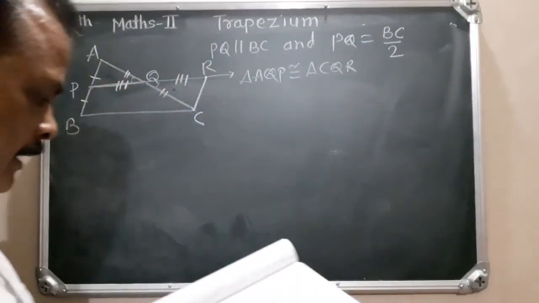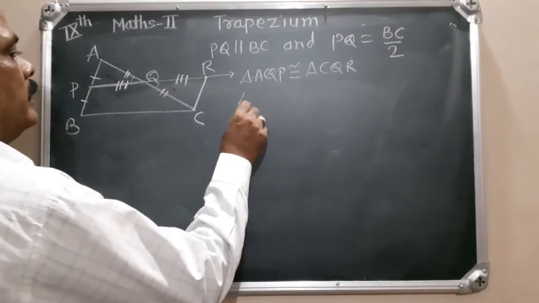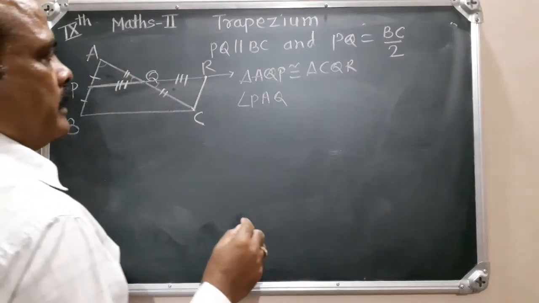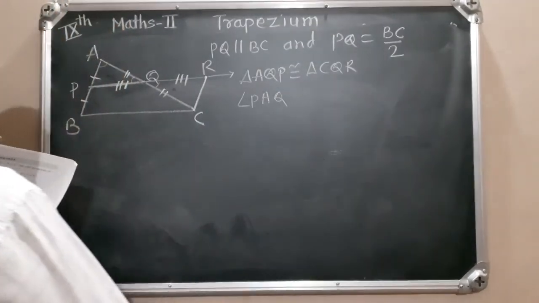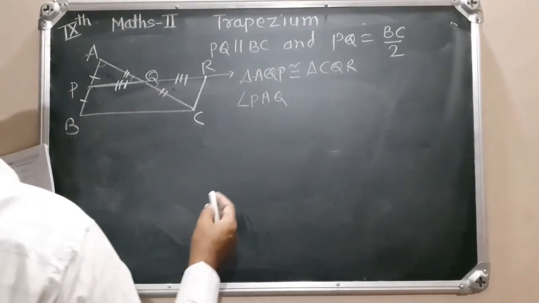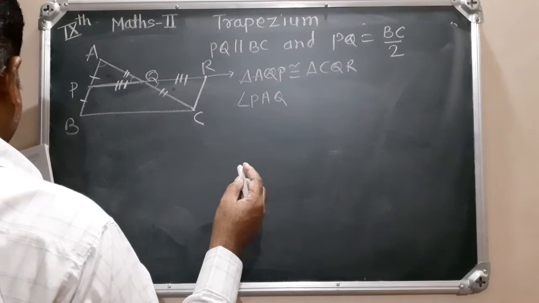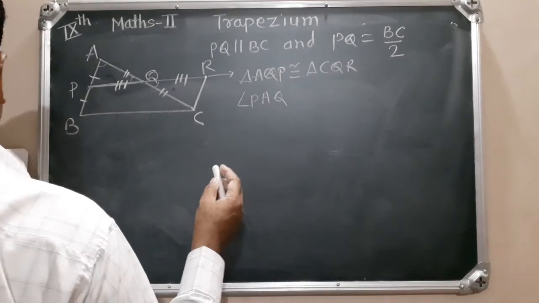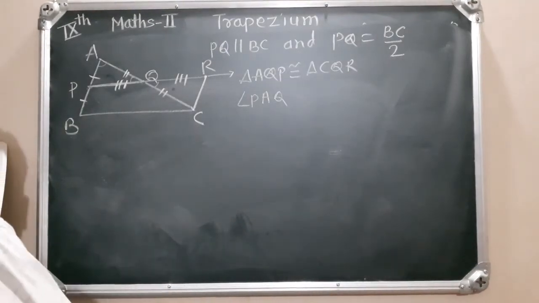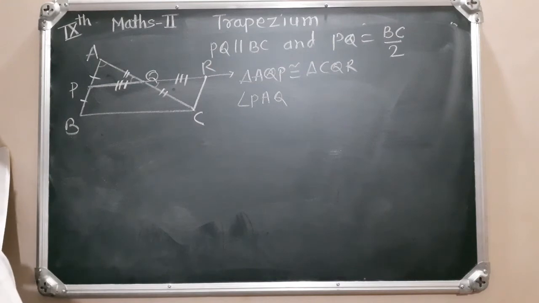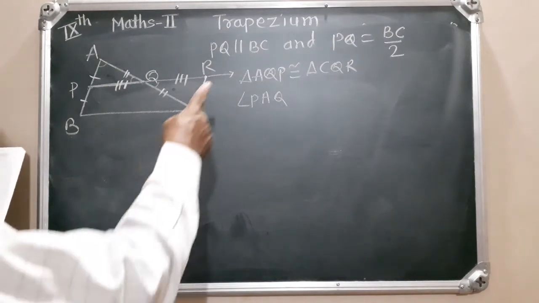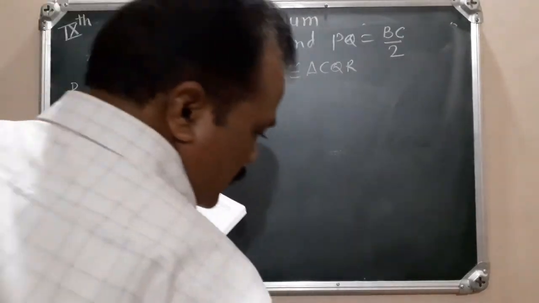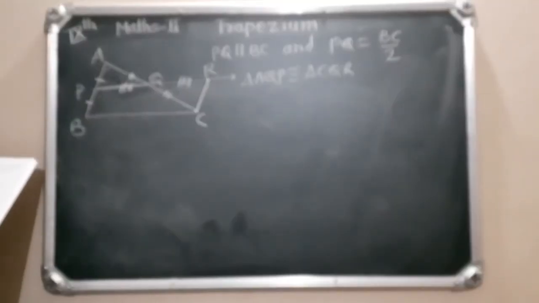So angle PAQ, that means this angle, is congruent to angle RCQ. Triangle AQP is congruent to triangle CQR by SAS test.